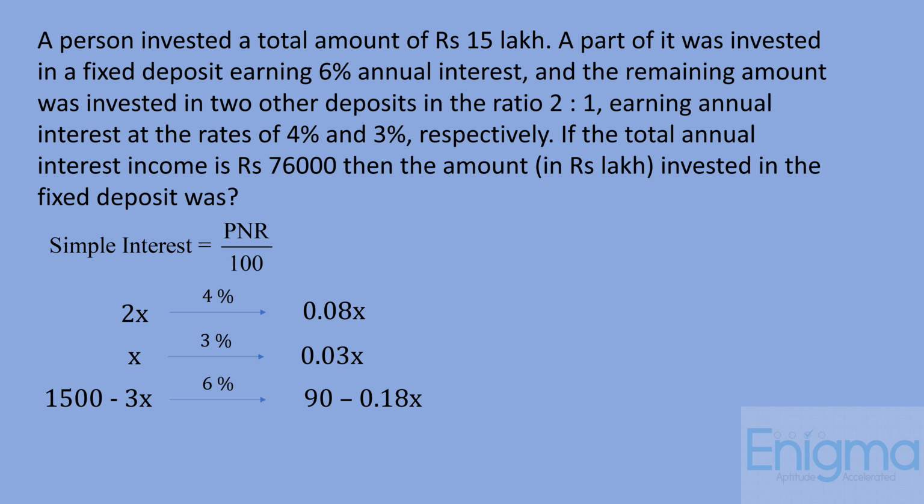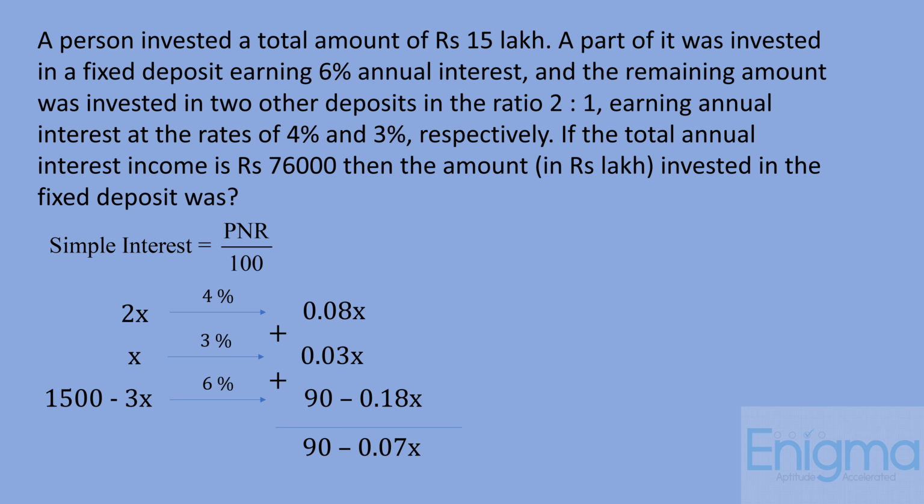So adding up all the interests earned on these three different amounts, we get the addition as 90 minus 0.07x. This is nothing but the total annual interest income. But this is given to us as 76,000.